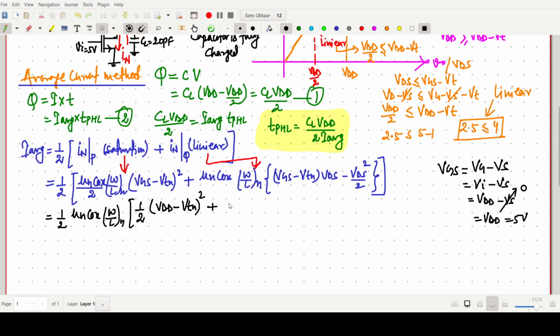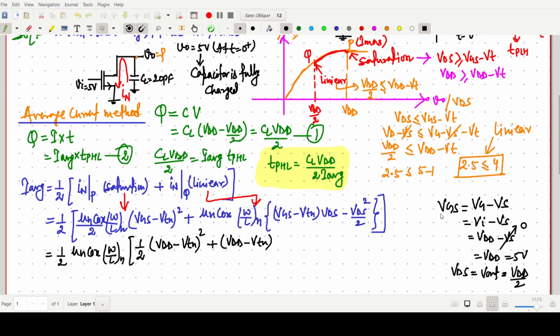Now this VGS is again VDD minus VTN. And VDS, the output value, becomes our V output, and the output value becomes VDD by 2, because now we are reaching the point VDD by 2. From here to here we are reaching this point, so it should be VDD by 2.